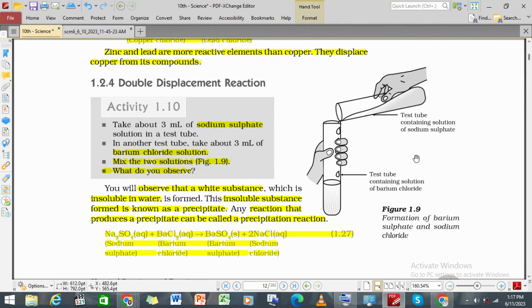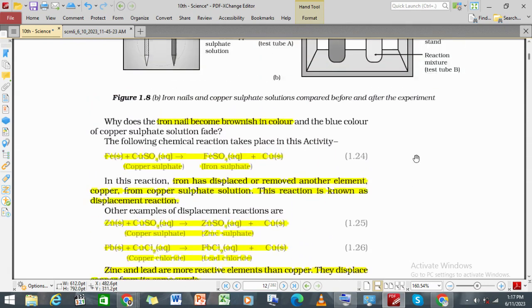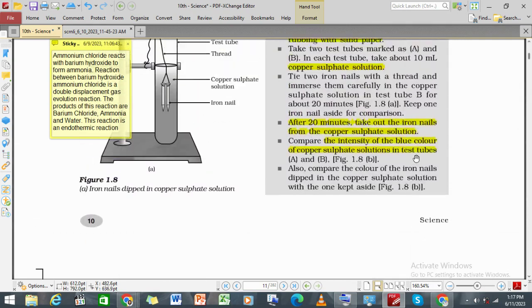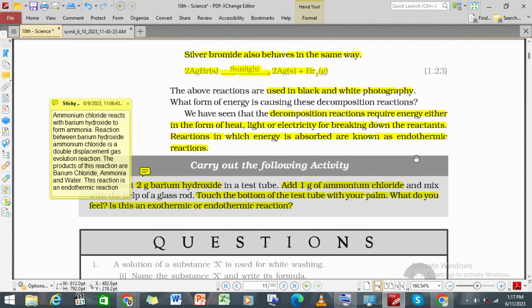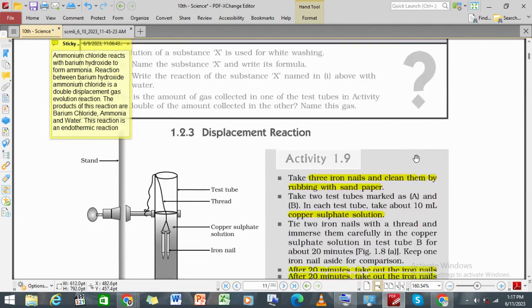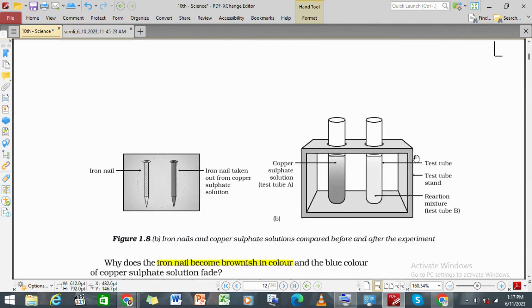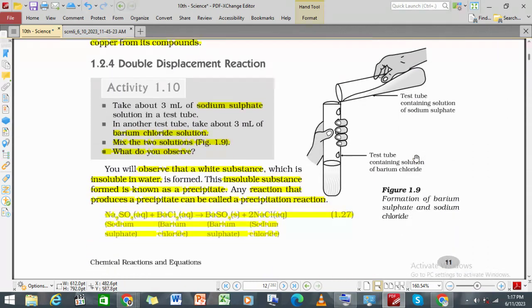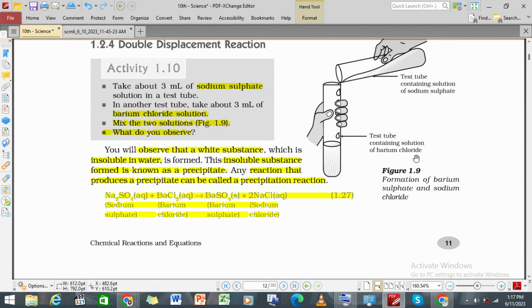Now, we take sodium sulfate and barium chloride solution. Firstly we used barium hydroxide and mixed it with ammonium chloride, and this time we are using the sodium sulfate and barium chloride solution.